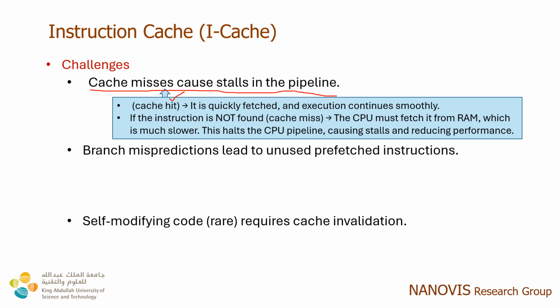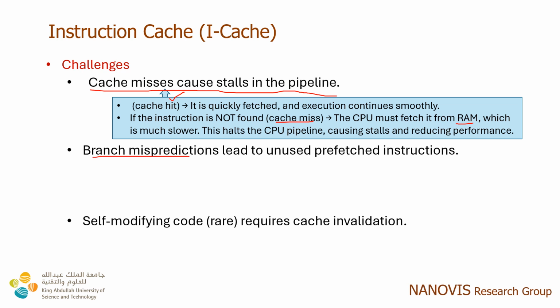But in case of a cache miss, if the CPU-requested instruction doesn't exist in the cache, it must be fetched from the main memory, which is much slower and halts the CPU pipeline, causing stalls and reducing performance.